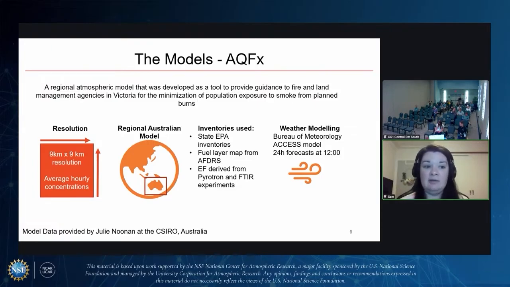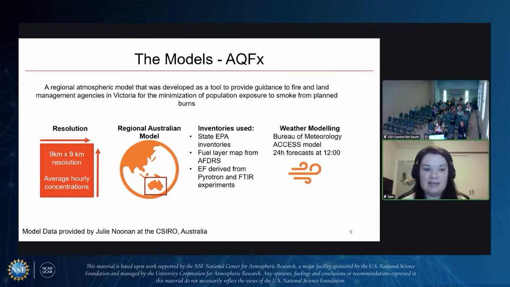This is a regional atmospheric model, and it was developed by the CSIRO in Australia, one of our national science agencies. Thanks to Julie Noonan over at CSIRO, I was able to obtain model data from this model over the course of the 2019 to 2020 summer bushfire season here.